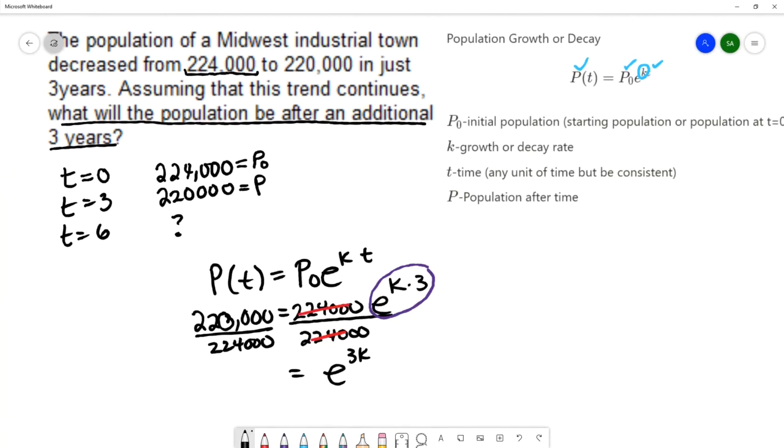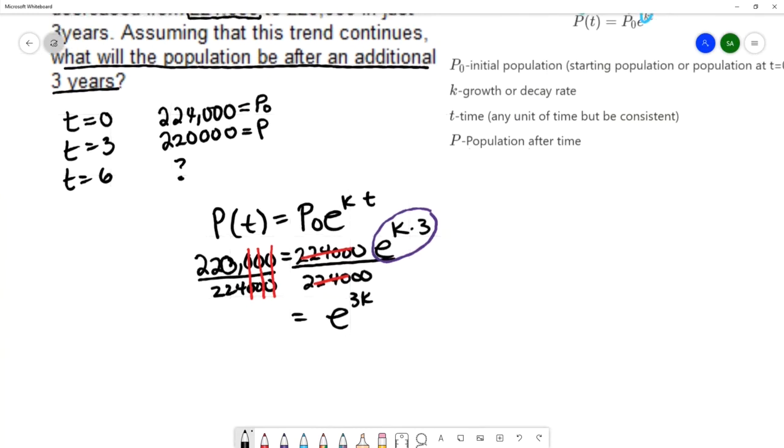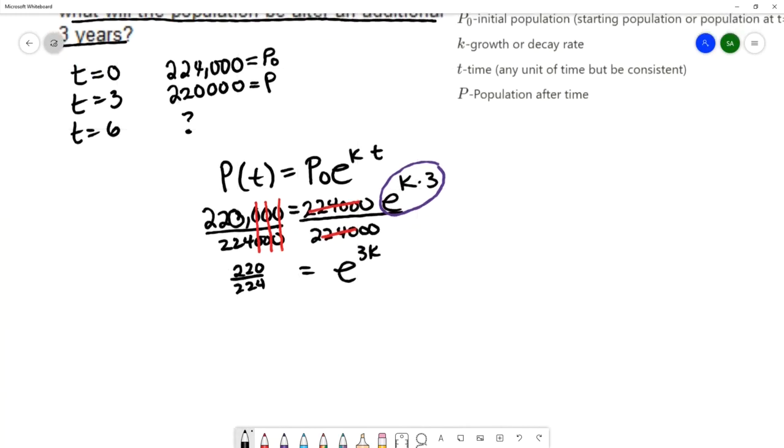On the left-hand side, we want to reduce. We can cancel out factors of 10 by canceling out these zeros. We have 220 over 224. We can reduce that a little bit more. They're both even.